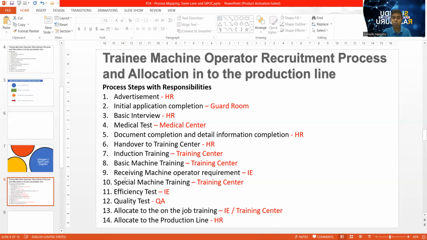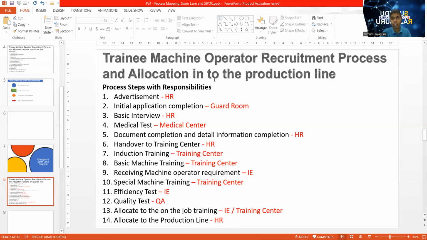Receiving machine operator requirement, that document requirement has to be given by the IE department. Then based on the given requirement, we start special machine training in the training center. After the training completion, we have to do the efficiency test and quality test. If all those tests pass, we allocate that candidate to on-the-job training, then allocate to the production line. So this is the process with the responsibilities.